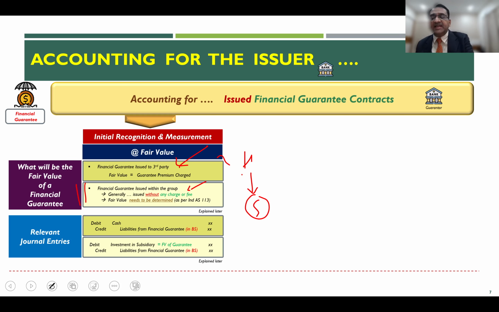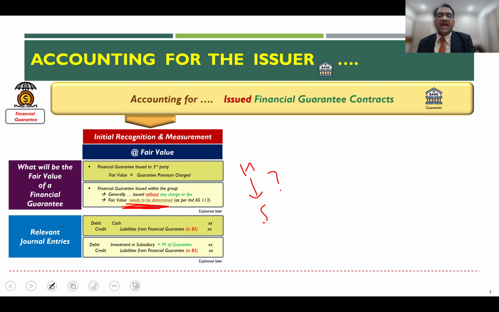Now that creates much more complication, because in those cases, how do you determine the fair value of such a guarantee issued by the holding company to the subsidiary or vice versa? What should be the fair value of that particular guarantee which has been issued by the holding company to the subsidiary?